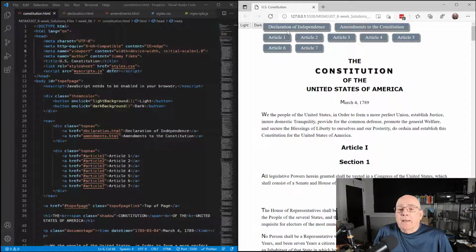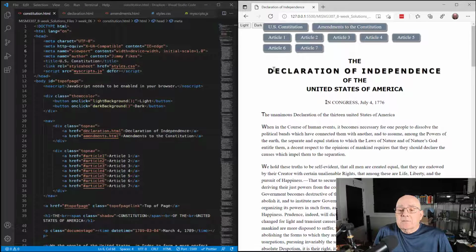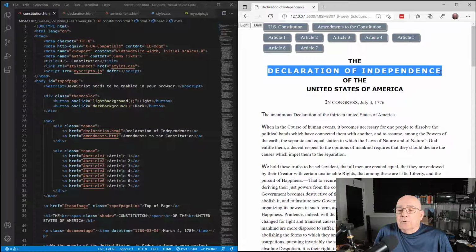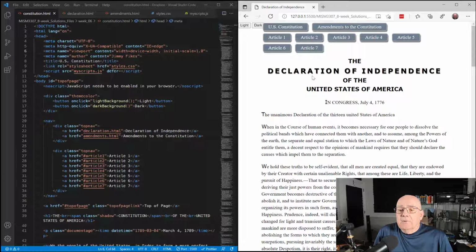We're going to be providing contrast in our text. Like here we have the Declaration of Independence with large text, and there is actually a text shadow behind these that makes it stand out a bit, if you will.